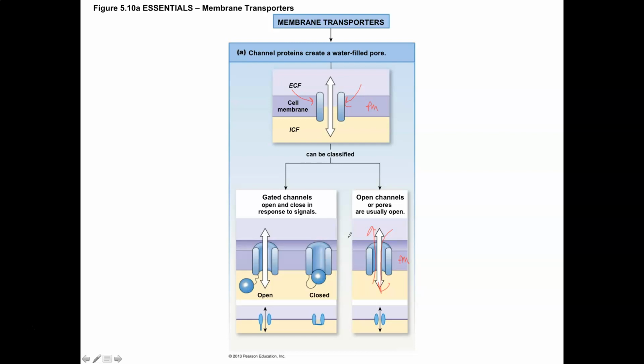Some channel proteins are just open channels, like the one we were just looking at. So you just have this hole that's open to the inside and outside. Sometimes these are called leak channels. So you'll see that term used sometimes, leak channels. And then we have other channels that are gated. So the gated channels fall into different categories.